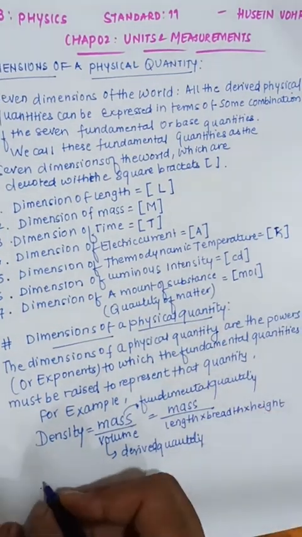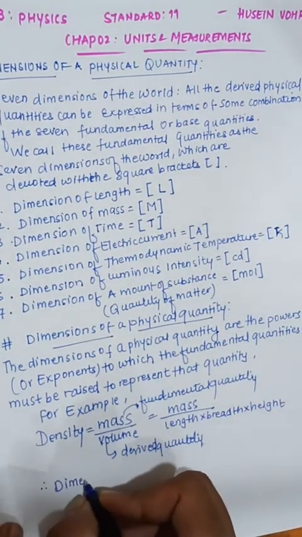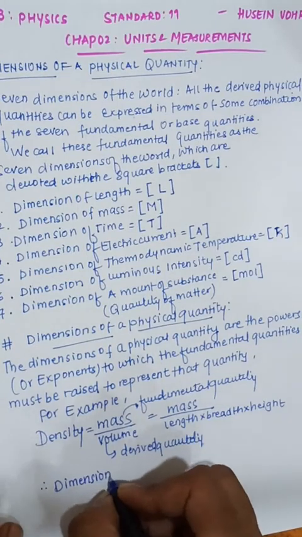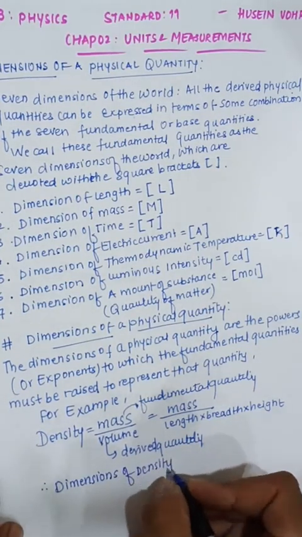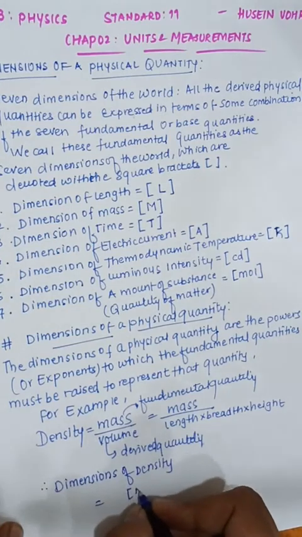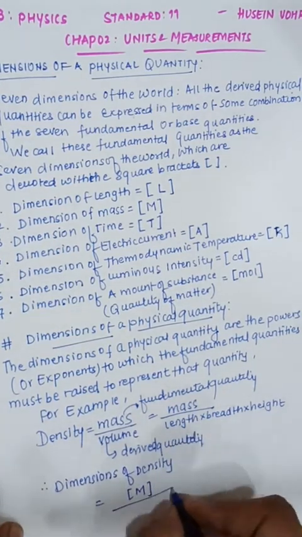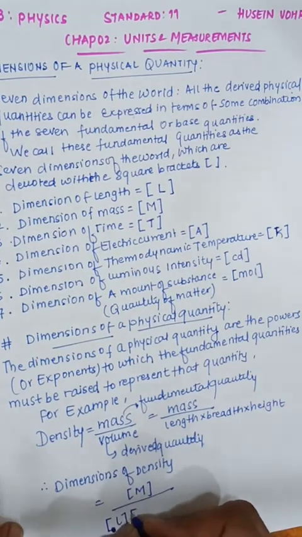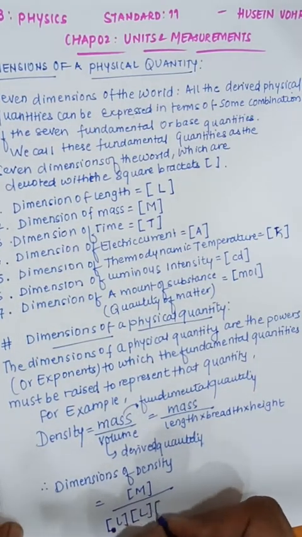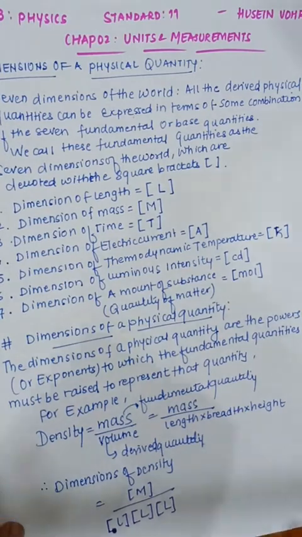So dimensions of density is given by, for mass you write capital M, for length you write L, for breadth L, for height L. All are units of length only.